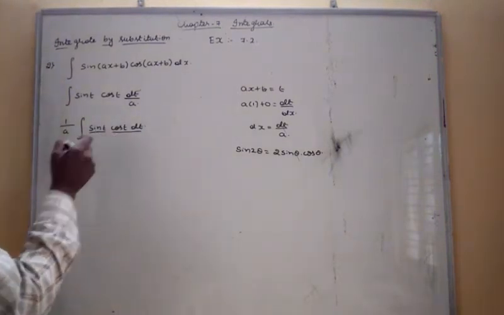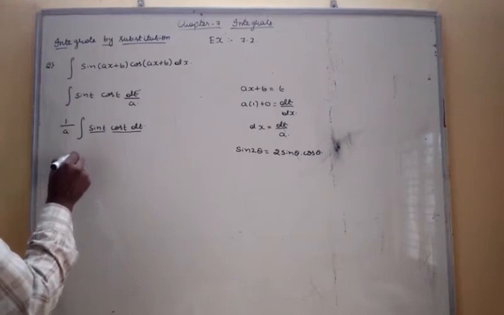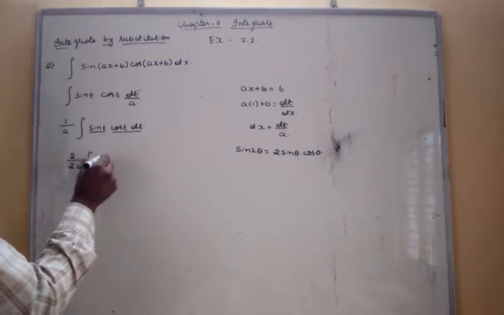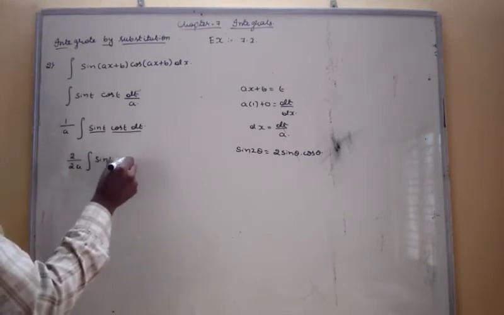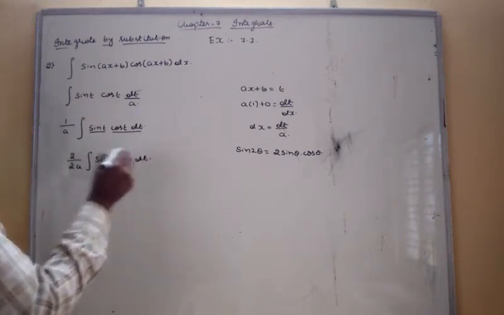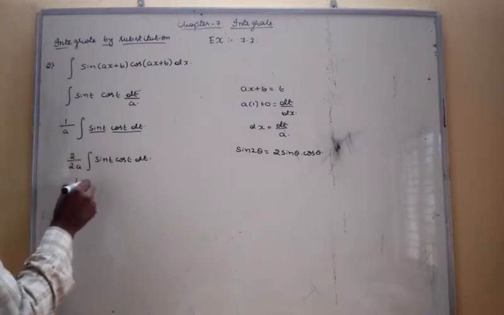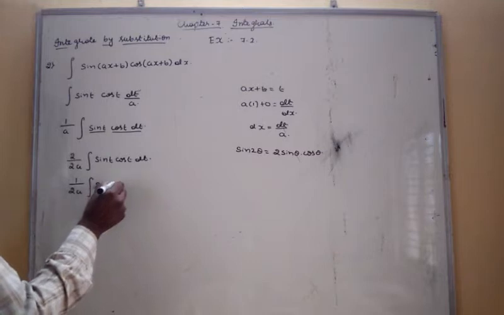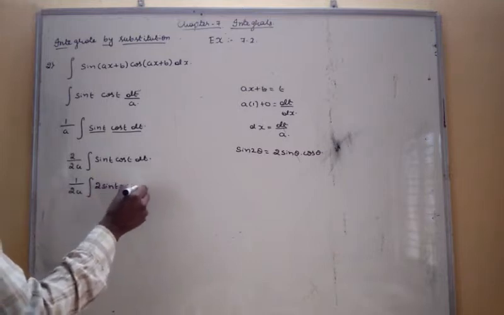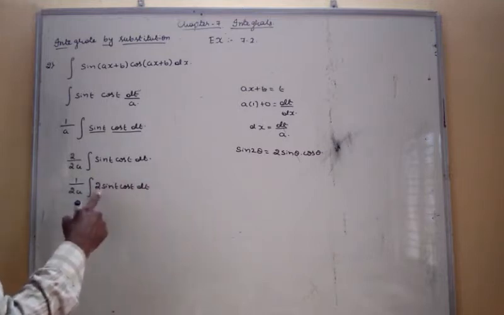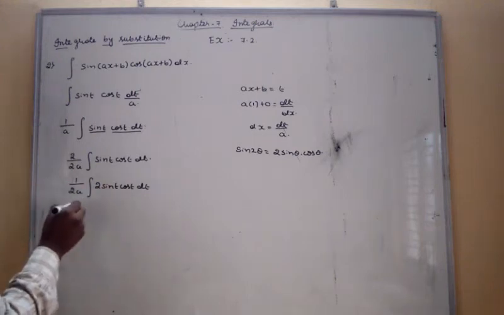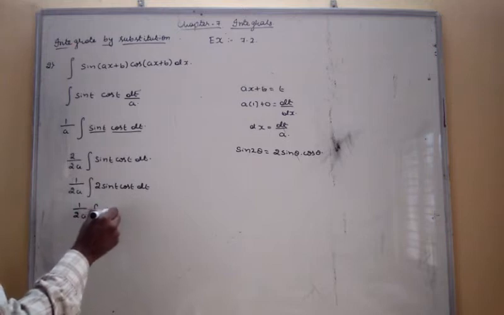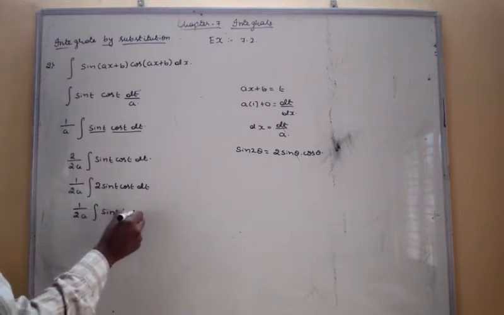If you multiply numerator and denominator by 2, 1 by 2a integration of 2 sine t cos t dt. It is in the form of sine 2 theta. You can write it as 1 by 2a integration of sine 2t dt.